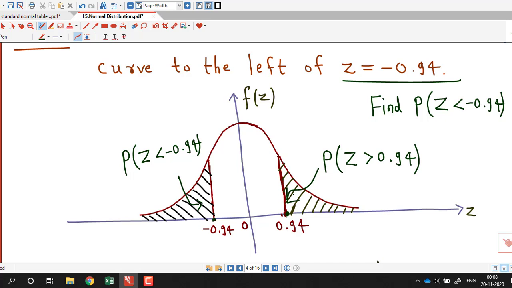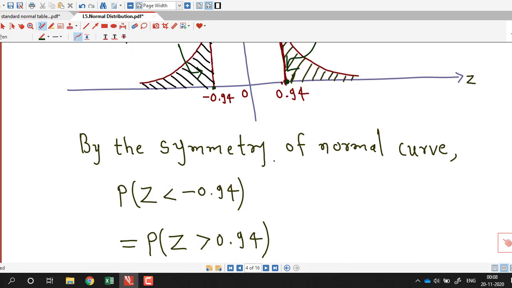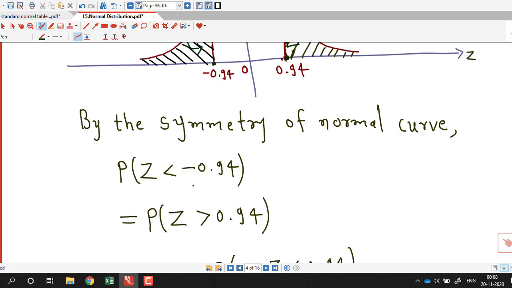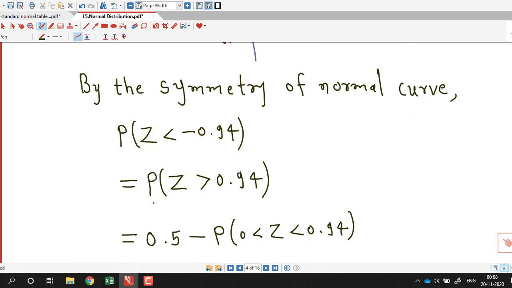These two are the same. So first we write, by the symmetry of the normal curve, the area to the left of minus 0.94 is nothing but the area to the right of 0.94.